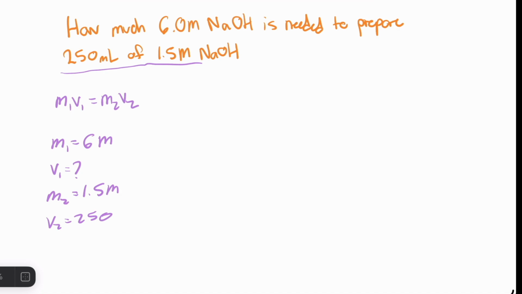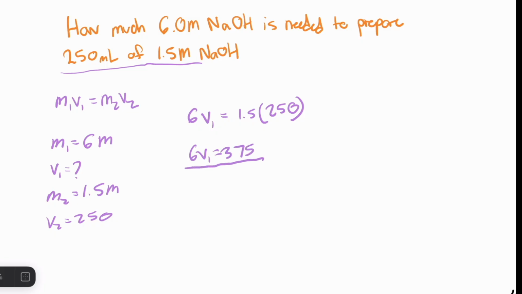Now I'm going to solve this slightly differently. Instead of rearranging the variables, it might be easier to just plug things in. So we know M1 is 6, V1 we don't know, so we'll keep it as V1, equals M2, which is 1.5, and V2 is 250. We can do 1.5 times 250, giving us 6V1 equals 375.